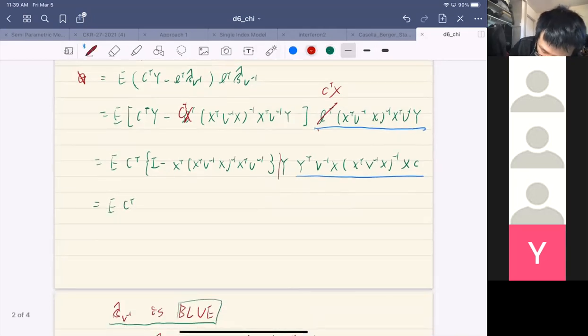We can change this to, change y into, see, it's not good. Change y into S beta. Okay.